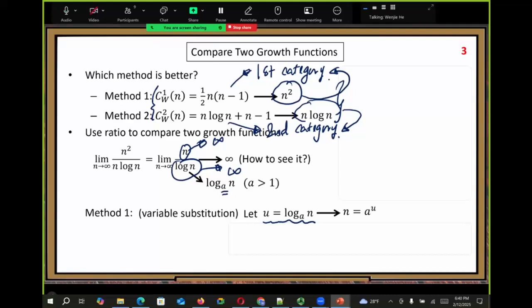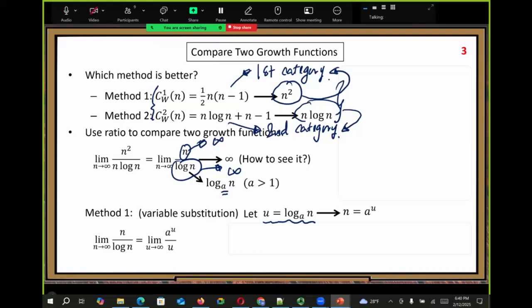Then, if we go back to the original ratio, after substitution we have this new limit expression. U goes to infinity, then the numerator becomes a to the u, and the denominator becomes u.